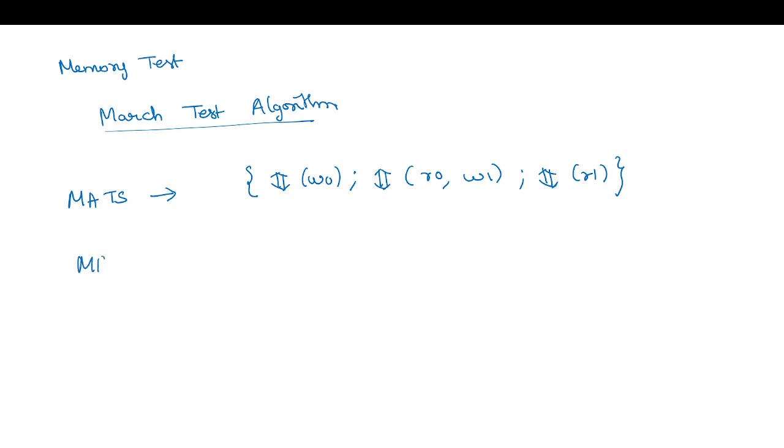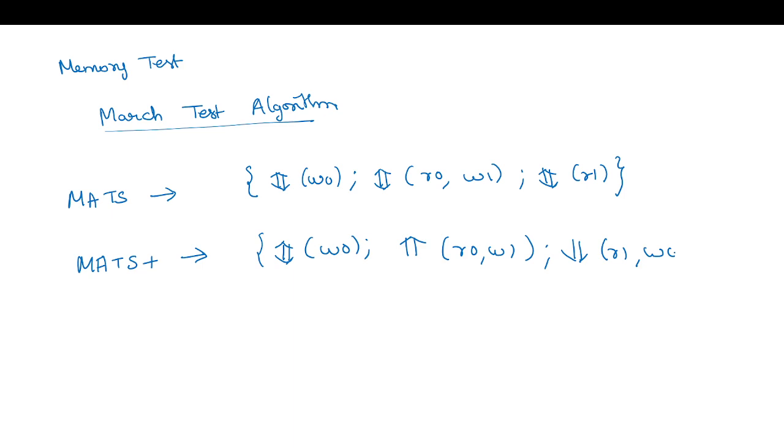Now the next algorithm will consist of the addition of some more elements to this. Let's specify the order of reading the 0. Next, specifying the order to read a 1 in this order and writing a 0.